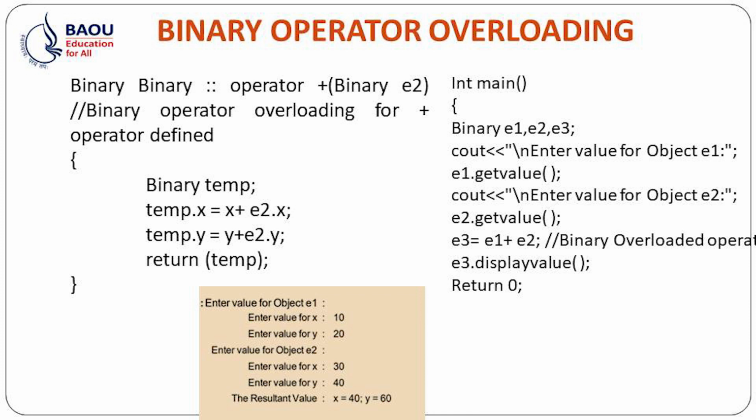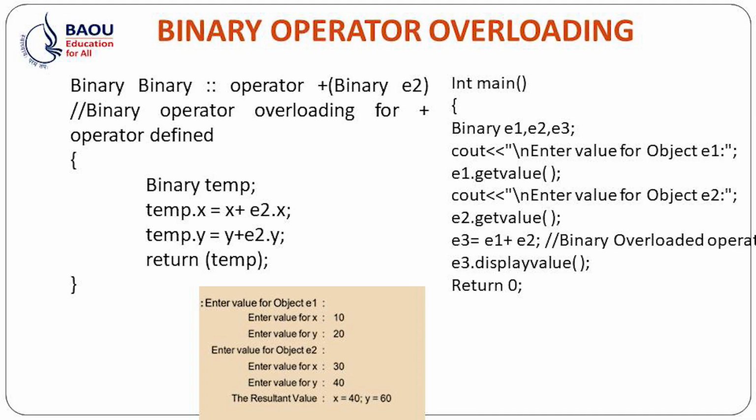What I have done is I have taken one Binary object, that is temp. I am declaring Binary with a temp variable, and in temp.x I am simply adding x plus the operand we have passed, that is e2.x. And for temp.y I do the same with y, and return the temp value.